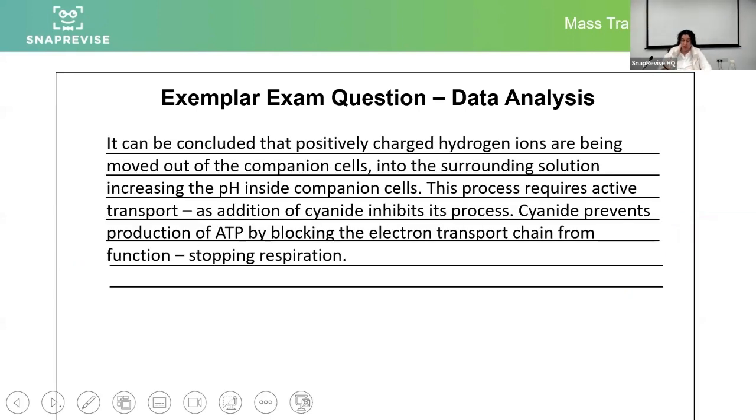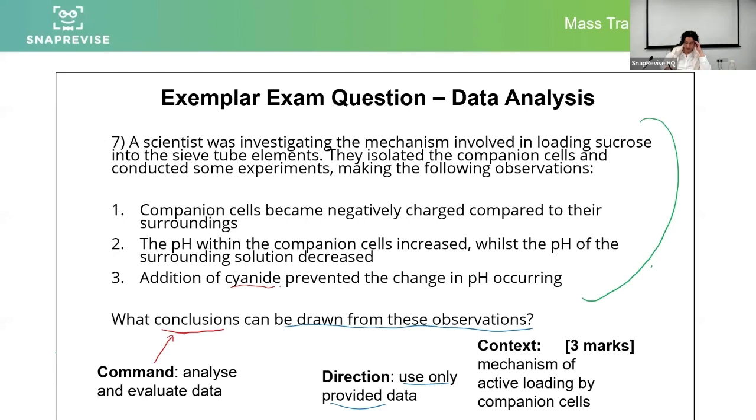The positively charged hydrogen ions are being... so what do we notice? First of all, we notice that we're talking about pH. What is the first connection that I have to make in my head? What is pH? Again, I have to remember my GCSE chemistry, even for those of you that are not taking A-level chemistry. It's a measure of hydrogen ion concentration, isn't it? So a decrease in pH means more hydrogen ions.